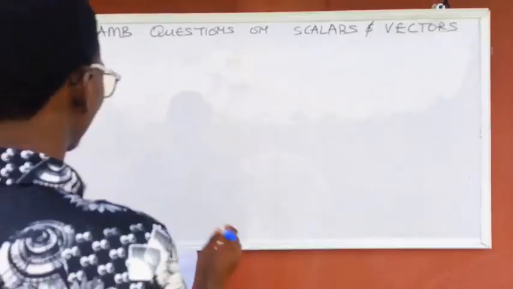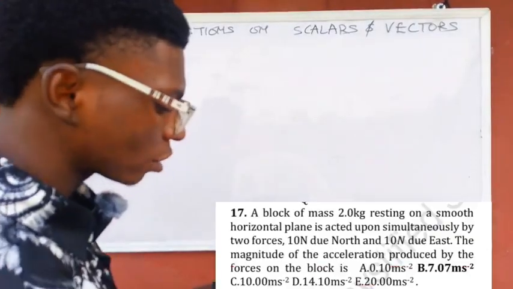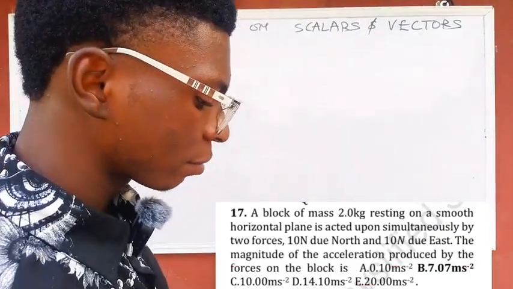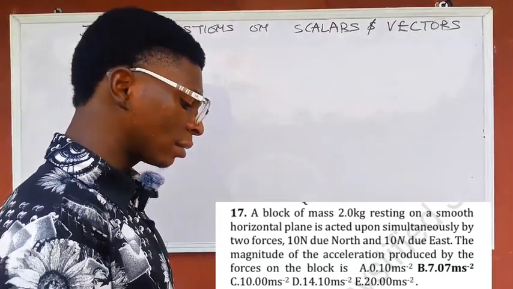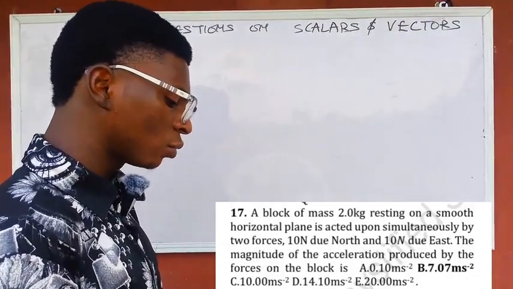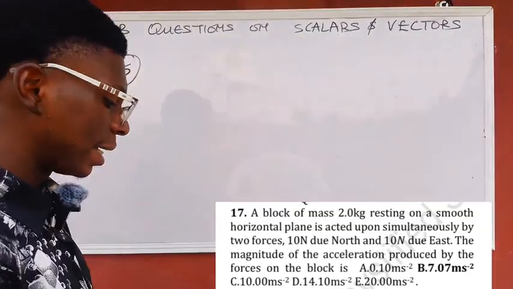Question 5. A block of mass 2 kg resting on a smooth horizontal plane is acted upon simultaneously by two forces, 10 Newton due north and 10 Newton due east. The magnitude of the acceleration produced by the force on the block is what?